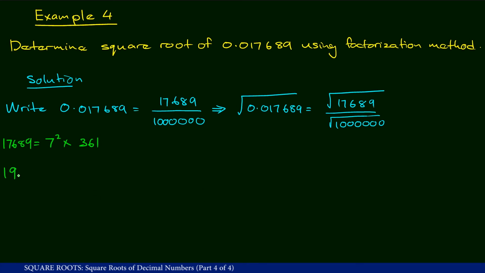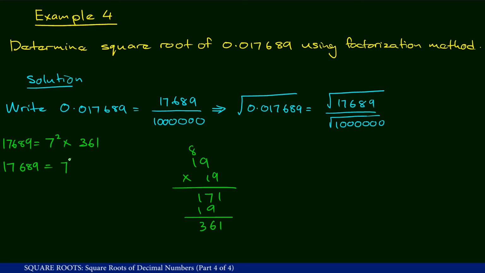Maybe 19. Yeah, 19 looks more promising. 19 times 19. So 9 times 9 is 81. So this is 361. Okay, we've got our answer now.